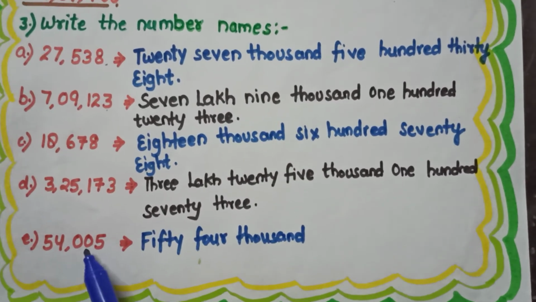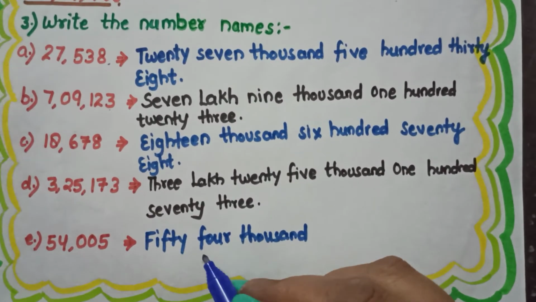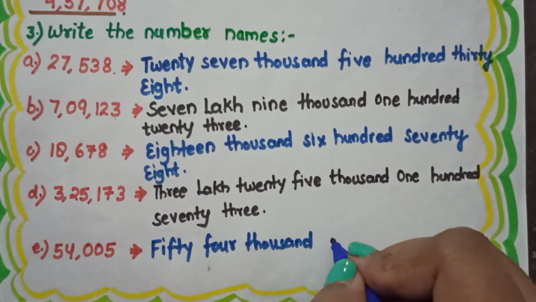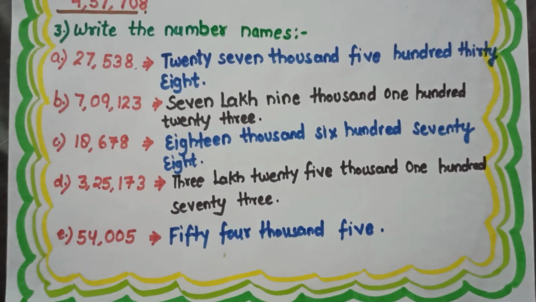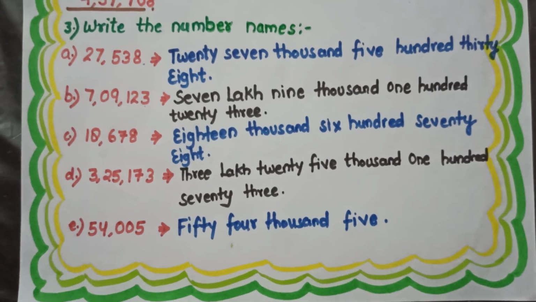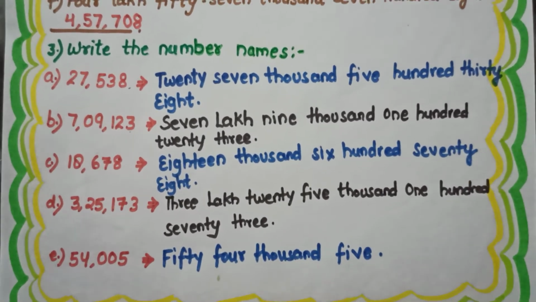No, we have 0. So we will just write down 54,005. Okay, that's it. So this is how we have done our question number 3.